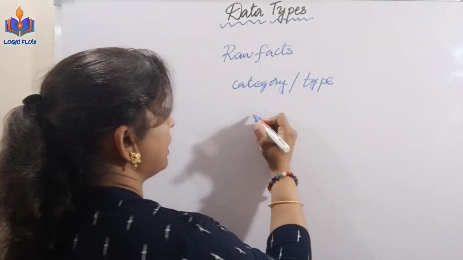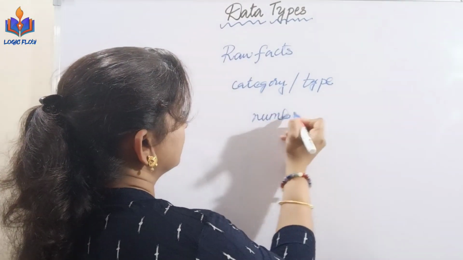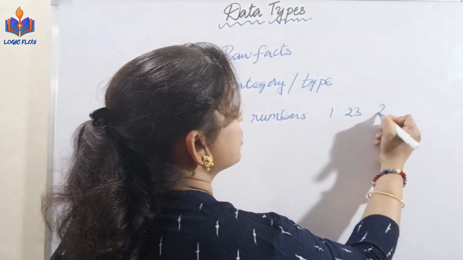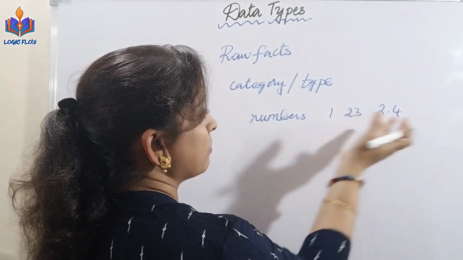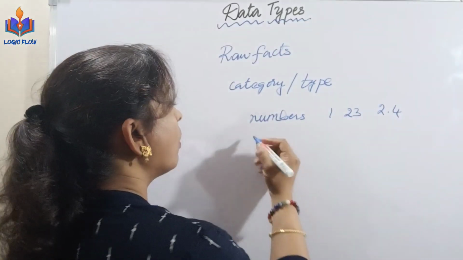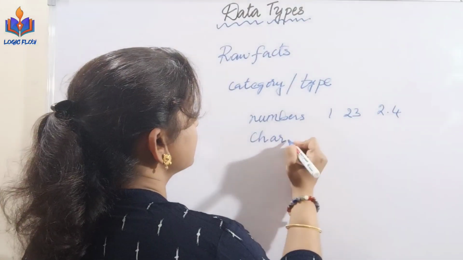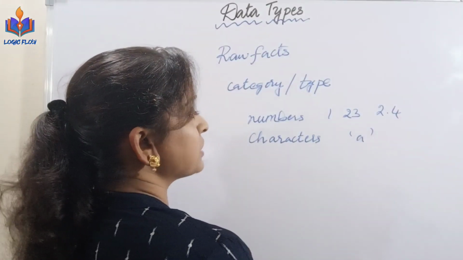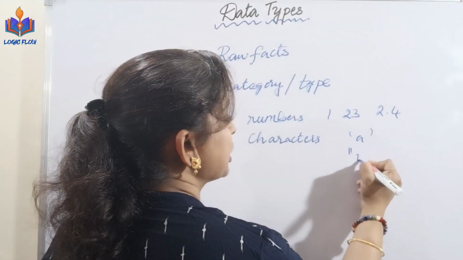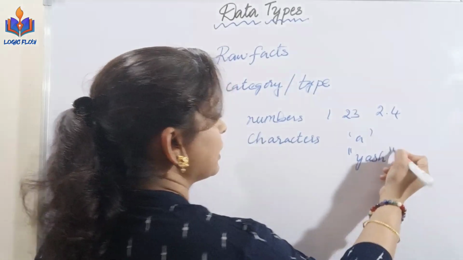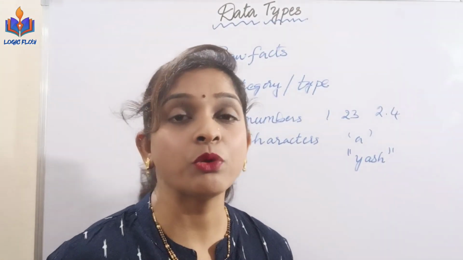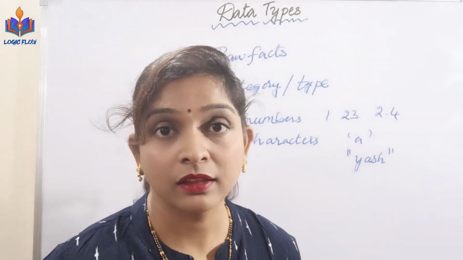It may be numbers like 1, 2, 3 or 2.4. It may be a whole number or a fractional number, or it can be a character, a single character enclosed in single quotes, or a sequence of characters enclosed in double quotes. It can be a variety of data that the user can provide for a program.